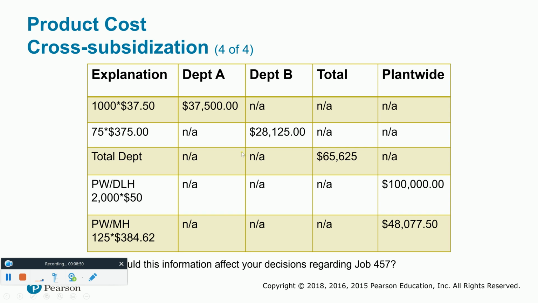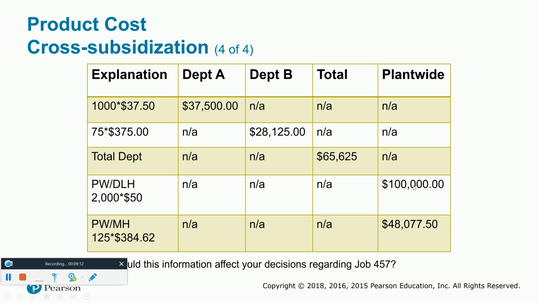With Department B, we were basing it on machine hours. So 75 machine hours in Department B times, if you recall, our machine hour rate of $375. That's $28,125.